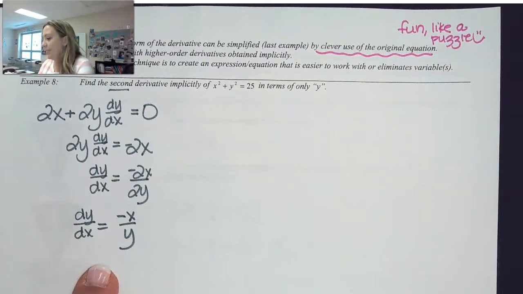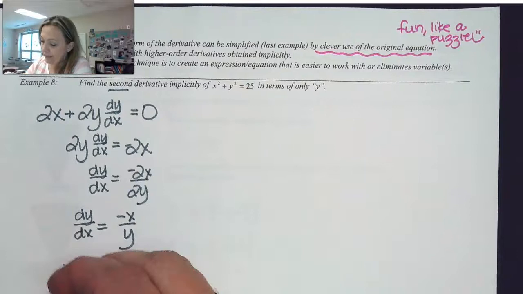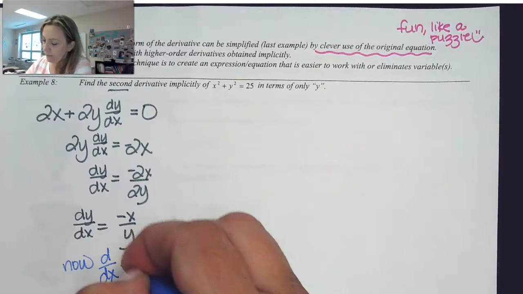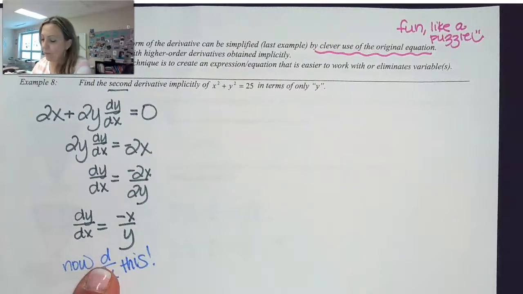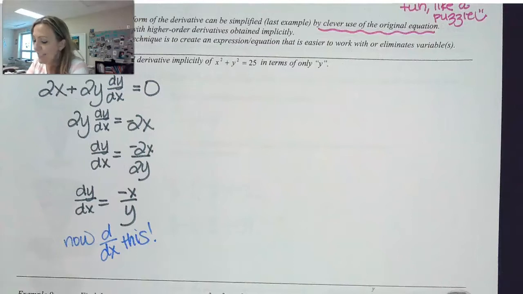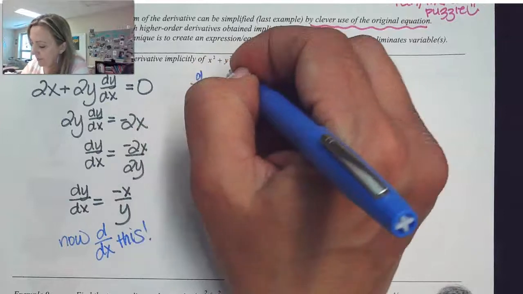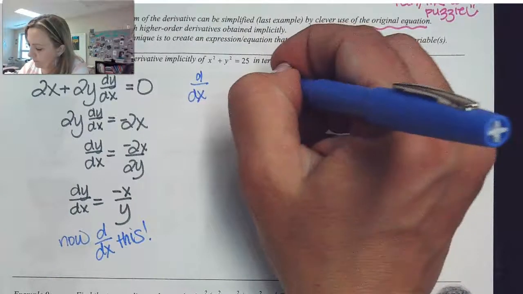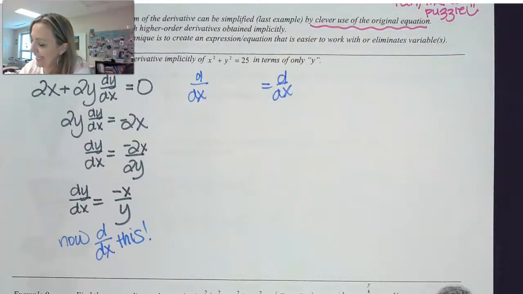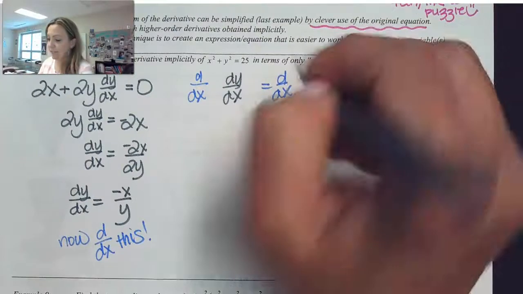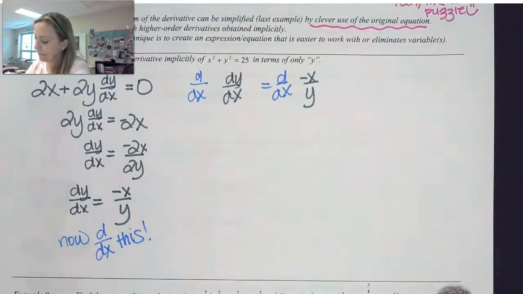So now the issue is we want the second derivative. So if we want the second derivative, now we need to differentiate this. So I'm going to take that dy dx, the negative x over y, and I'm going to differentiate that with respect to x, okay?